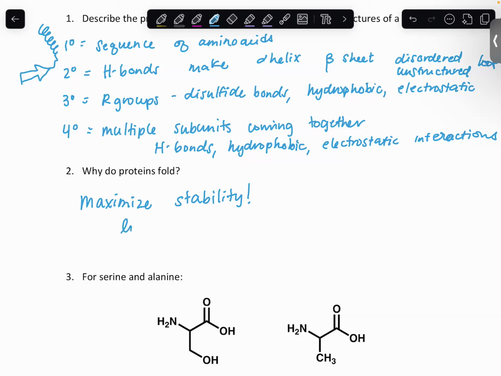So we're going to keep like with like. And by that, I mean our non-polar regions will come together. Non-polar. And our polar regions will come together. And that comes down to hydrophobic versus hydrophilic.